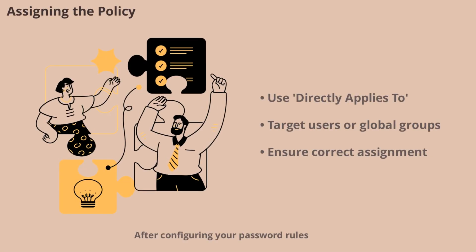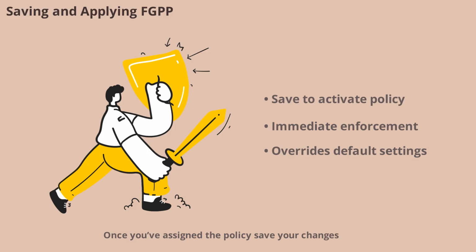After configuring your password rules, assign the FGPP to users or global security groups using the Directly Applies to section. This step is crucial. Only the users or groups listed here will have the policy enforced. Double-check your selections to ensure the policy reaches the intended accounts. Once you've assigned the policy, save your changes. The FGPP will now be active and enforced for the designated users or groups.